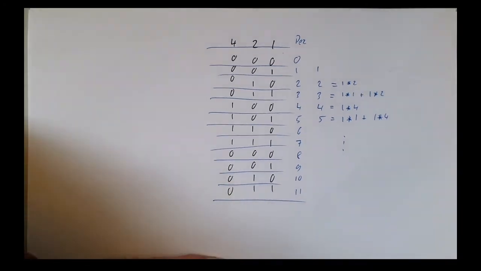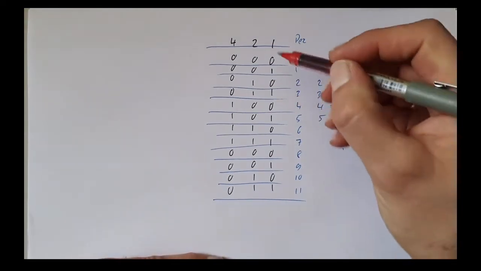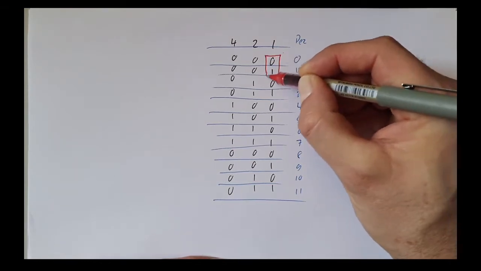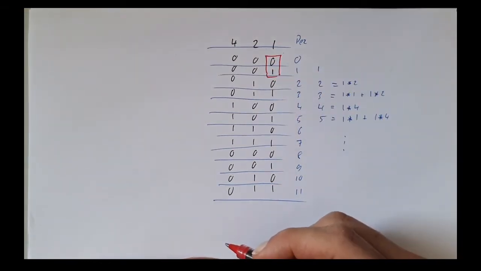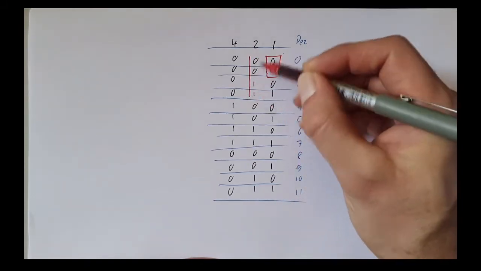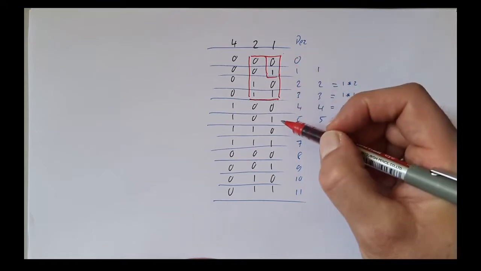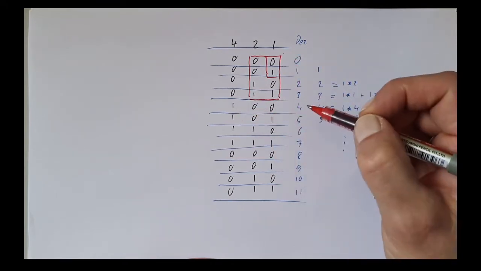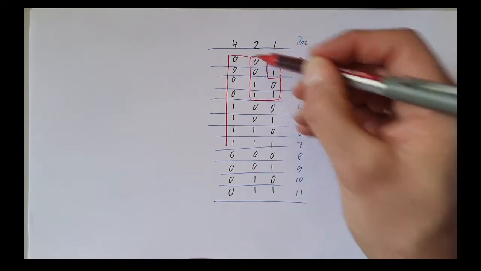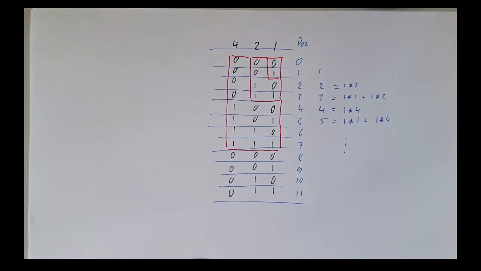So what you automatically get is a combination of all possibilities. If you have just one bit, you have 2 possibilities. If you have 2 bits, you have 4 possibilities. If you have 3 bits, you have 8 possibilities.